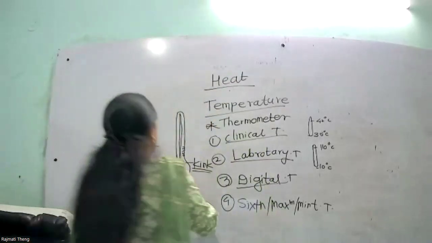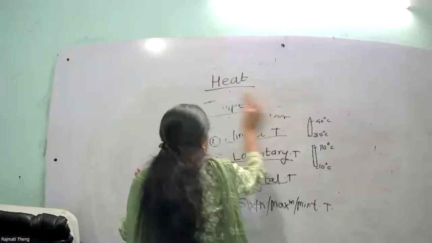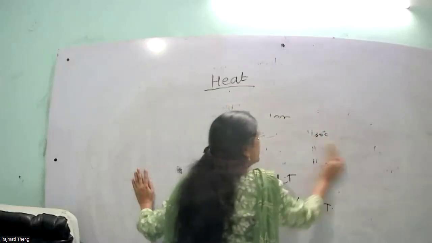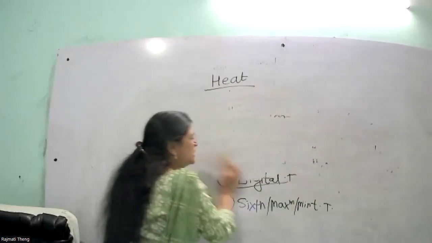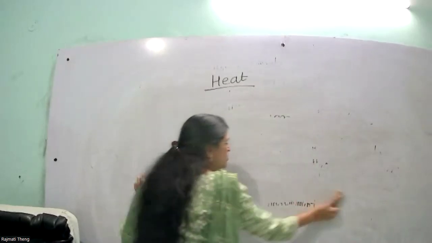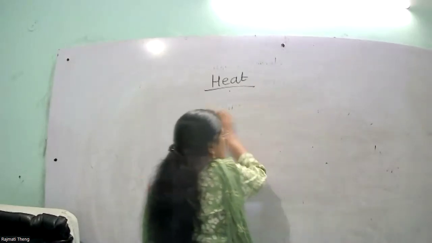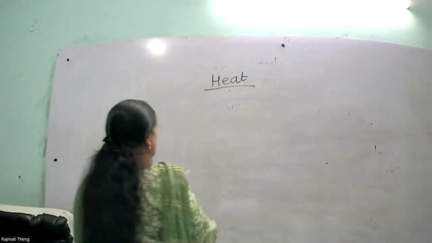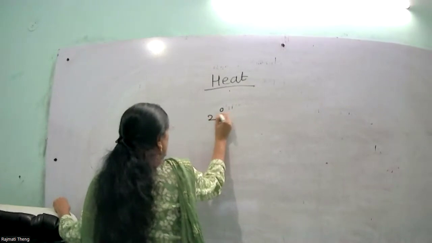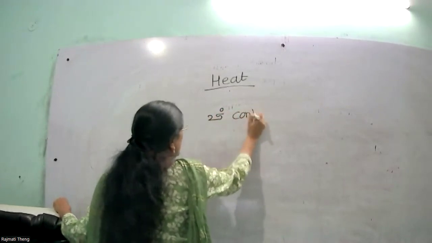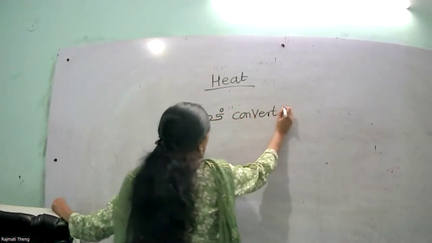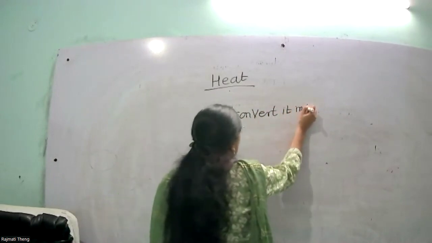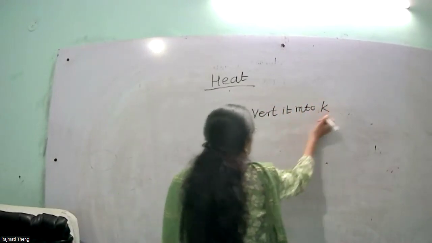Now, note down the formula for the conversion. Okay, so ये जो 3 unit है, they are interconvertible. You should know the formula of the conversion. Suppose आपको डिग्री सेल्सियस में टेम्परेचर दिया है 25 डिग्री सेल्सियस and convert it into Kelvin.